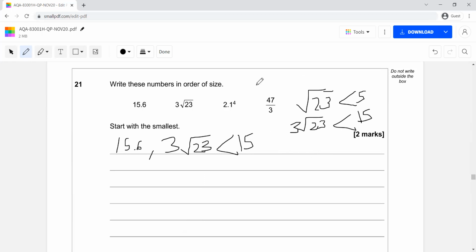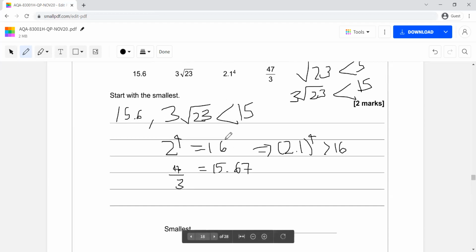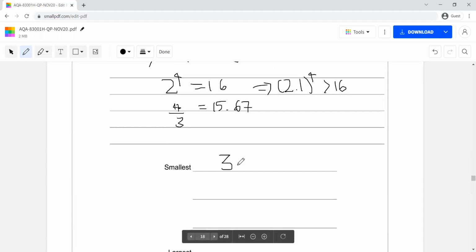And we also know that 2 to the power of 4 is 16. So 2.1 to the power of 4 must be greater than 16. And 47 over 3 is just equal to 15.67. So the smallest number is 3 root 23, because it's less than 15.